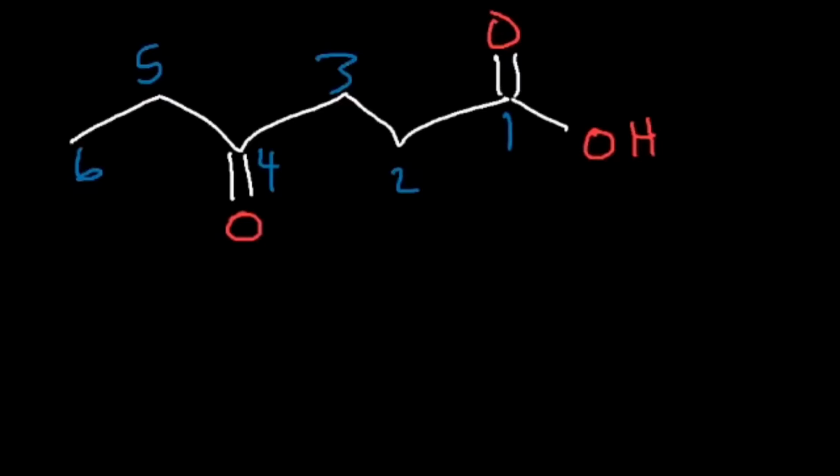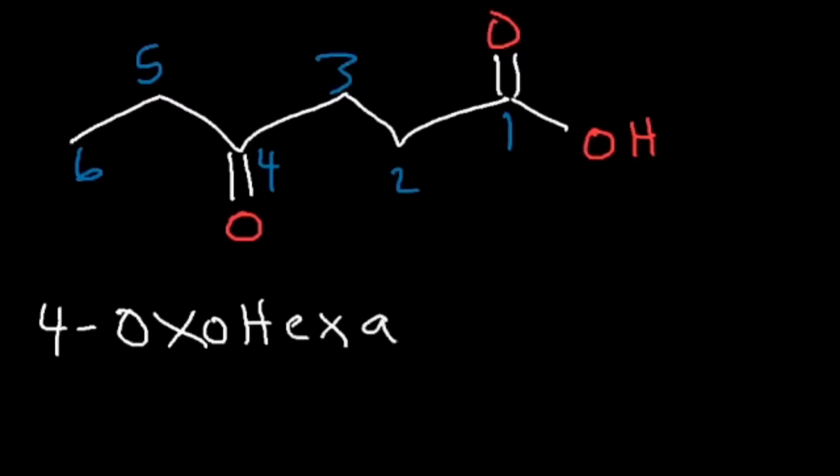Typically, the groups that are always at the end usually have more priority than the ones in the middle. So the carboxylic acid will be associated with the parent name. So how can we name a ketone as a substituent? This is going to be called 4-oxo, and after that, just the rest of the name, which is hexanoic acid, since we have a 6-carbon chain. So ketones and aldehydes have the name oxo whenever they're the substituent instead of the parent chain.